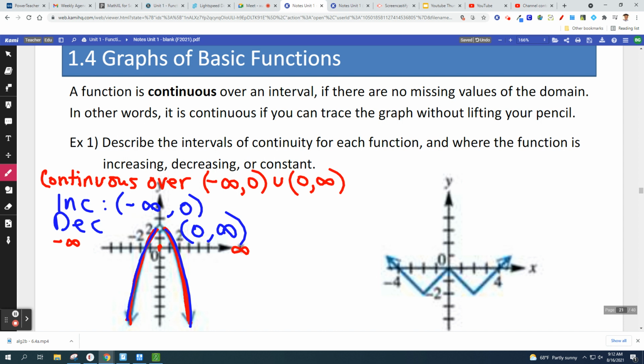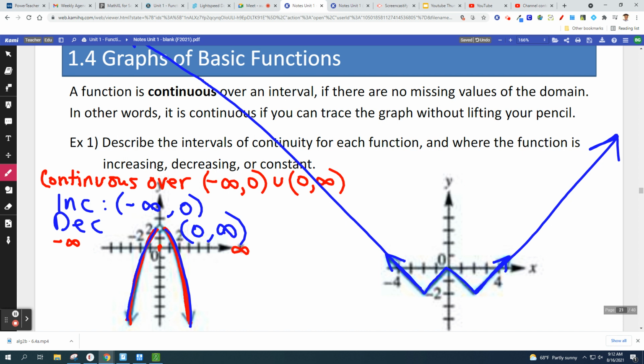So then the other one, a weird graph because it looks like a W, but I never had to pick up my pencil. It's continuous the whole time. Oh, and by the way, these arrows here indicate that it goes on forever. So I don't really care to draw this, but this thing goes on forever and ever and ever, right? That's what the arrows indicate. I think a few of you missed that point on the quiz that we just took.